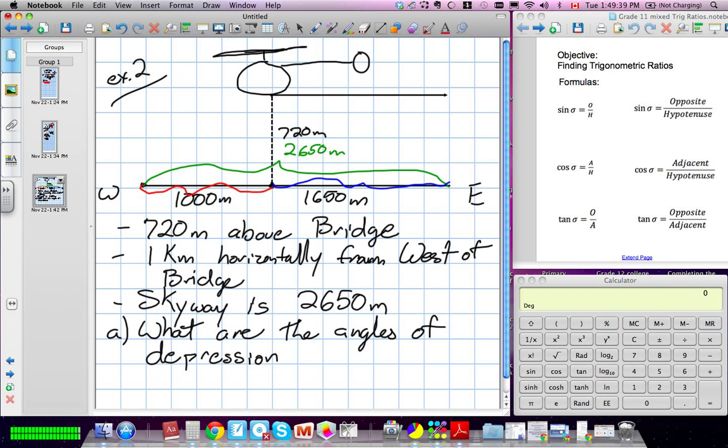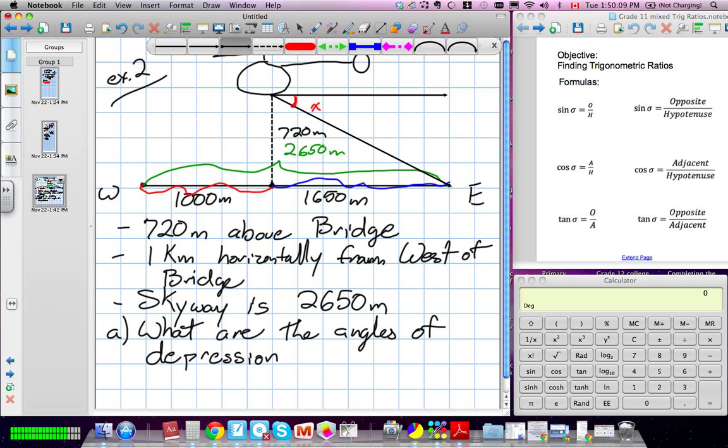So in other words, this horizontal line to the east end of the bridge. Okay? So the angle of depression is going to be this angle here, is what we're trying to find. We'll call that our X angle. We're also looking for the angle of depression to the west end of the bridge.